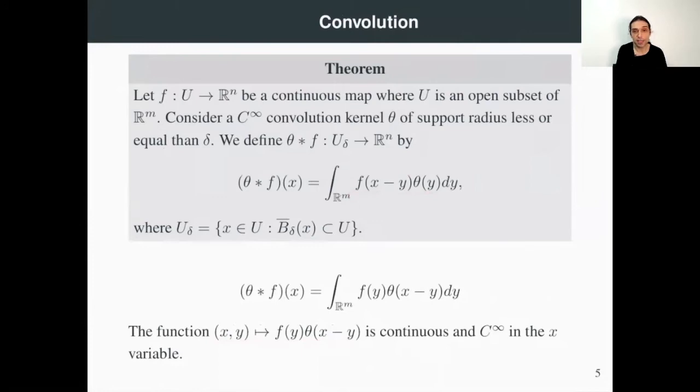But if we consider the second expression, since theta is C infinity, this function over here is continuous in both variables, x and y. It's a continuous function of R^m, and it is C infinity with respect to x, because theta is C infinity.